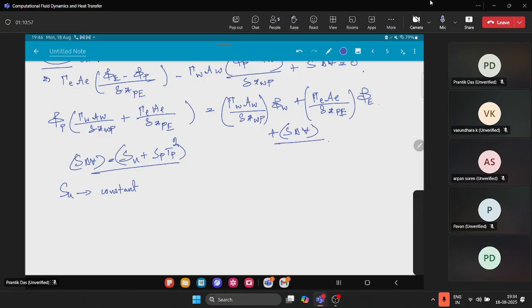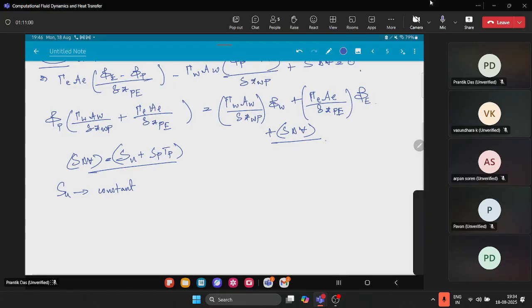So for simplicity, we are considering it to be S_C plus S_P T_P. You may ask why I'm not considering it to be S_C minus S_P T_P. That can be done, but if it is of the format S_C plus S_P T_P, S_P should be negative.